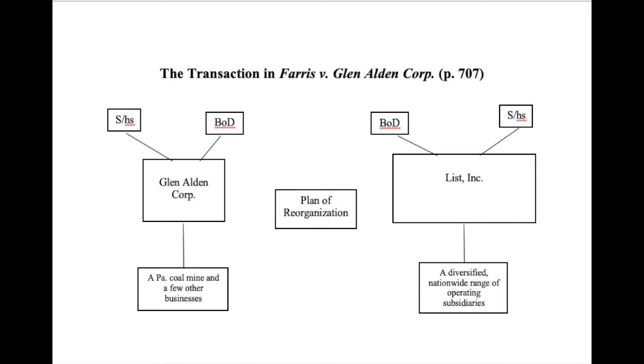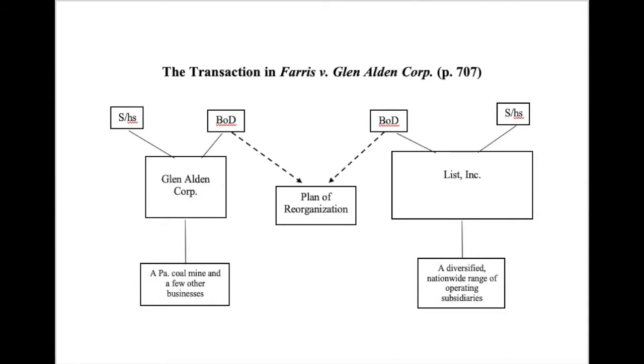List, a big, nationwide, diversified operating company, a big, successful financial company, acquired a tiny little failing coal mine in Pennsylvania. Nevertheless, the parties set it up as if, on paper, it were a purchase by Glen Alden of all the assets of List. Okay, so let's talk about how this thing worked and why it was really a purchase by List of Glen Alden rather than vice versa.